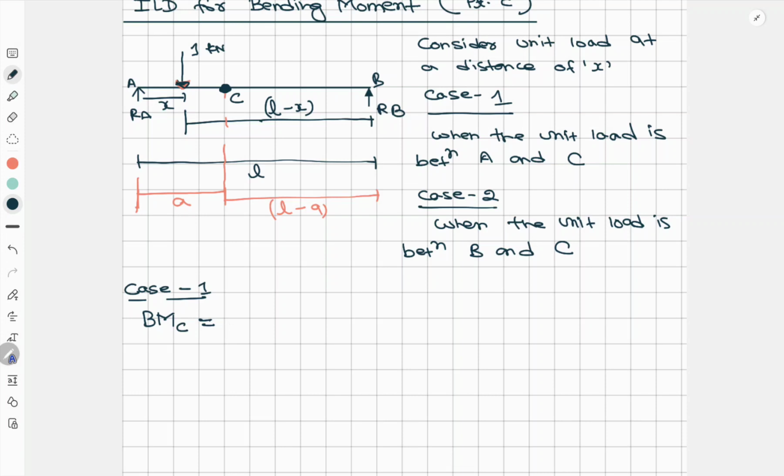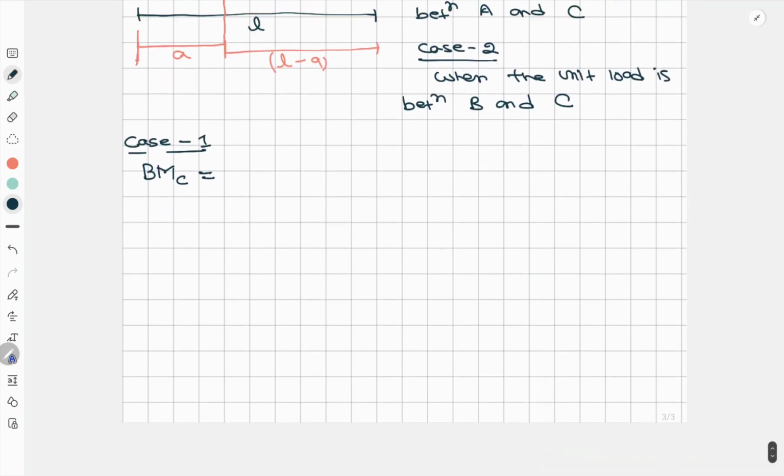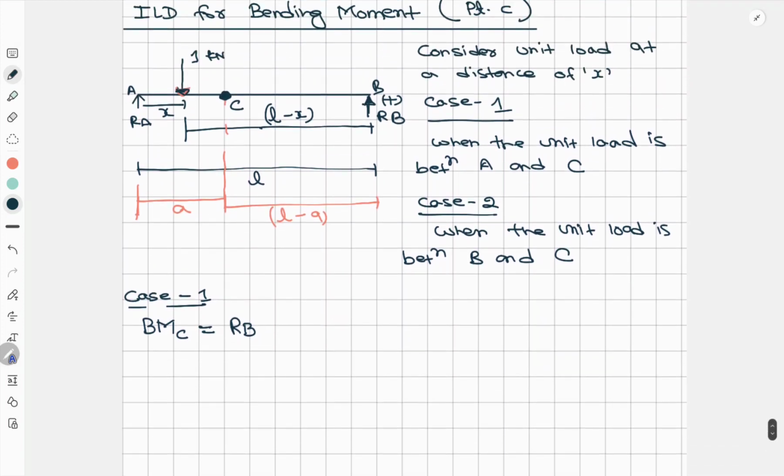For the bending moment, upward forces are considered positive, right? So here it will be positive RB into the distance, and we are finding for the C point, so it is L minus a, right?